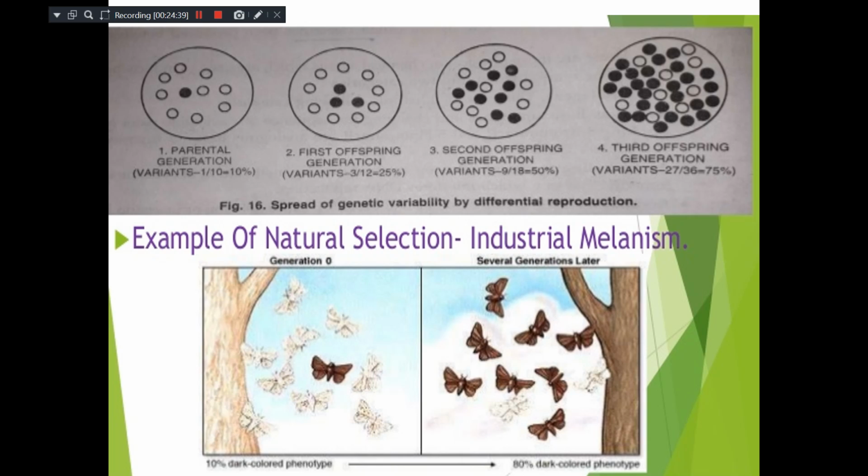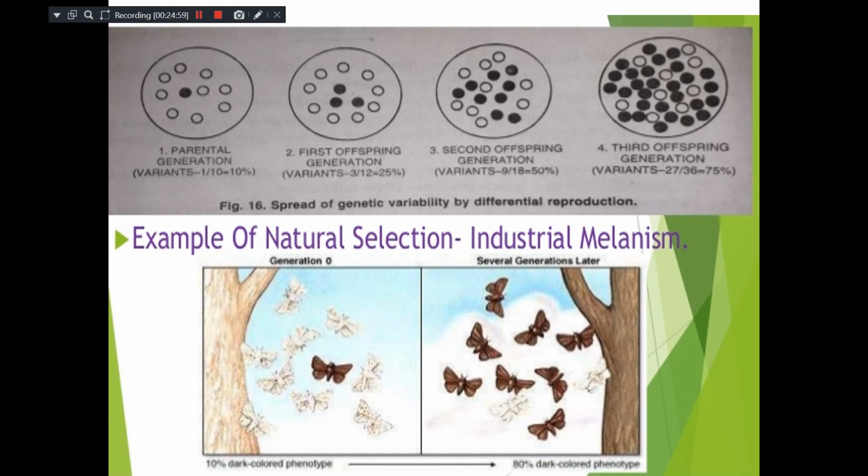Before the start of the Industrial Revolution in the 16th century, that is in Europe, what was there? There were grey colored pepper moths. The scientific name is Biston betularia.